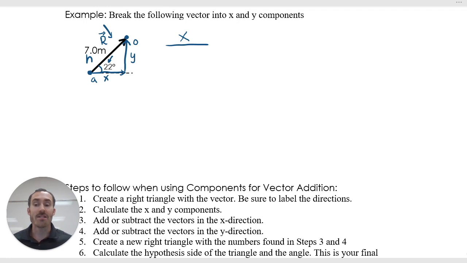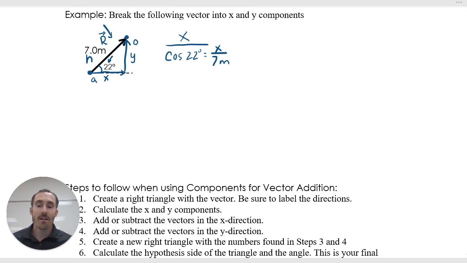I need to use adjacent and hypotenuse. That's cosine. So cosine of 22 degrees equals adjacent divided by hypotenuse. In our case, the adjacent side is x, our x component, divided by our hypotenuse, which is 7.0 meters.